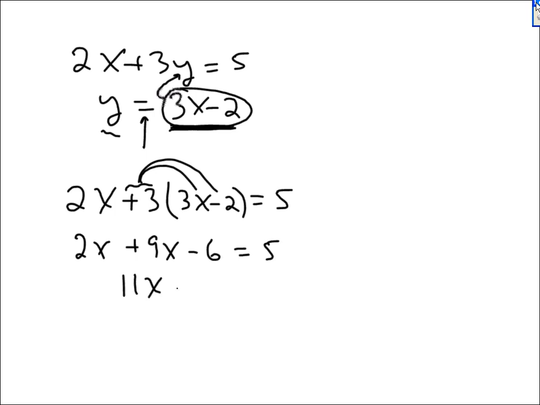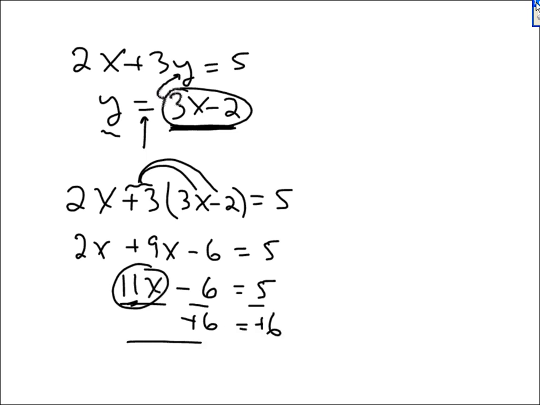So 11x take away 6 is 5. If you want to add 6 to both sides to see that, fine. But 11 times this number is 11. 11 times 1 is 11. That is, x is 1.